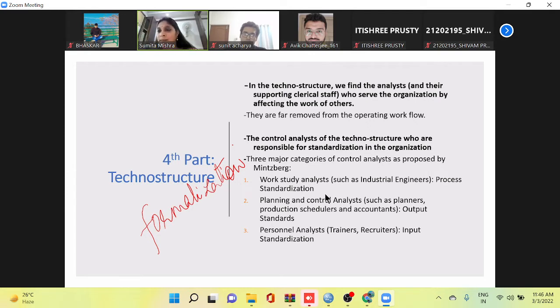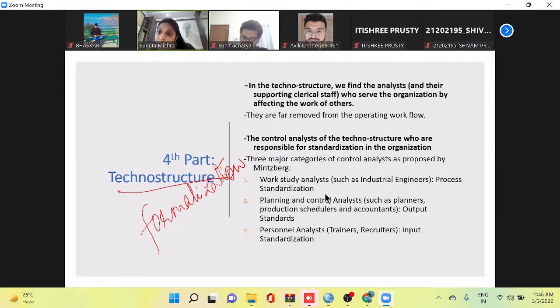No, there is a group of people who are responsible for standardization within an organization, and that group is called the technostructure. But one thing you must always remember is that the technostructure is not a part of the operating core. That is very, very important.